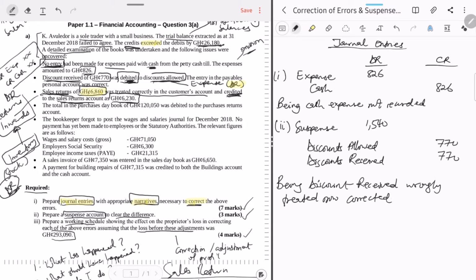Here, be flexible. There's no hard and fast rules, right? You can just start with being and end with now corrected, and you're good to go, really, right? So that is it. Back to the third one.